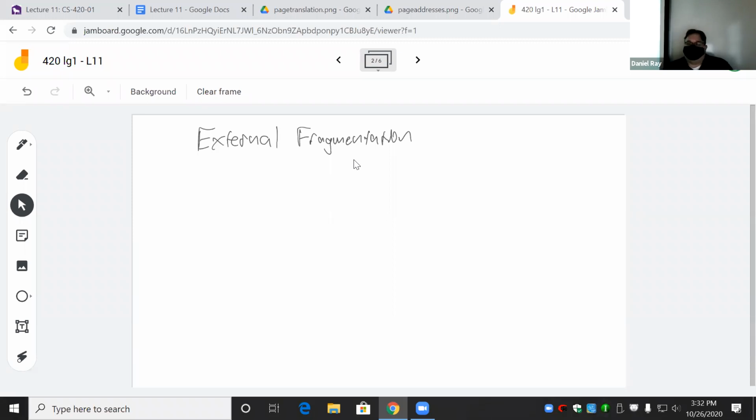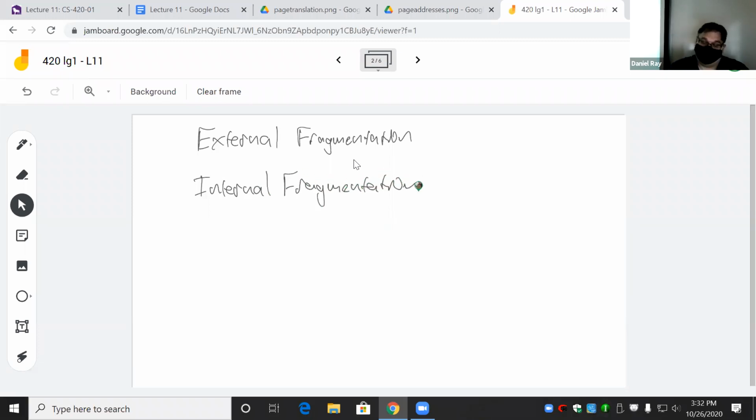External fragmentation is called external because it's external to each individual process. So imagine you're a process, and you're like, where did all the computer's memory go? It was due to fragmentation from swapping. Internal fragmentation is now what we get into when we start talking about paging.